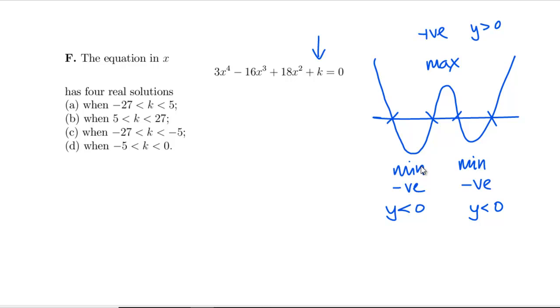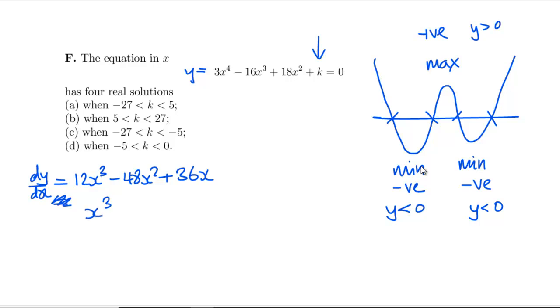Right, okay, so I'm going to call this y equals, ignore the 0 at the end. We'll do dy/dx, get ourselves 12x cubed minus 48x squared plus 36x. We want to set it equal to 0 and then divide by 12.